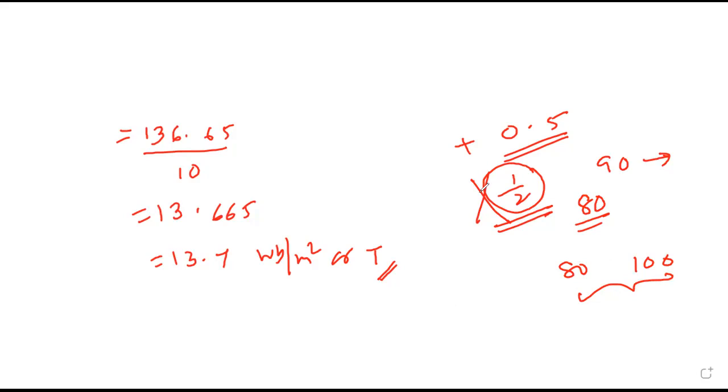Chalo, next sum. 10th one. Helium nucleus completes one round of circle in the time given. Find the field. Now see, this exam question, how simple it is. Helium charge Q is 2 electron, completes one revolution in the radius of 0.8 meter.